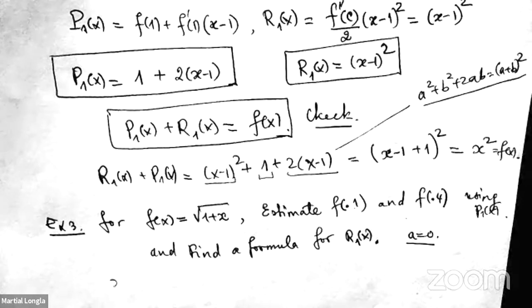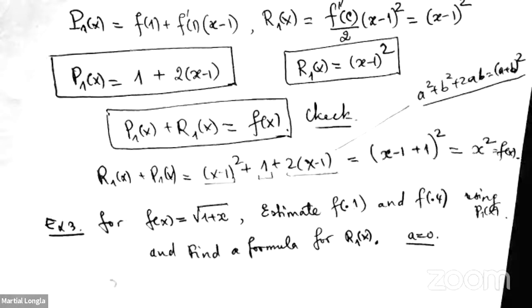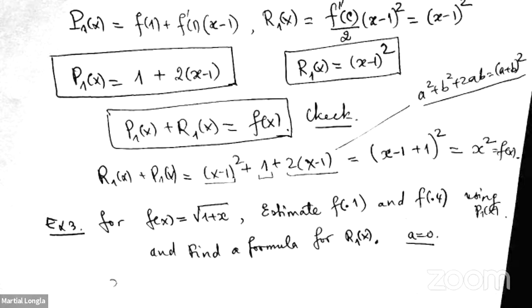And please, anybody ready, let me know. Dr. Longo, I have a question for the example. Yes, sir. So for the equation for the remainder, do you want us to provide a C value too?